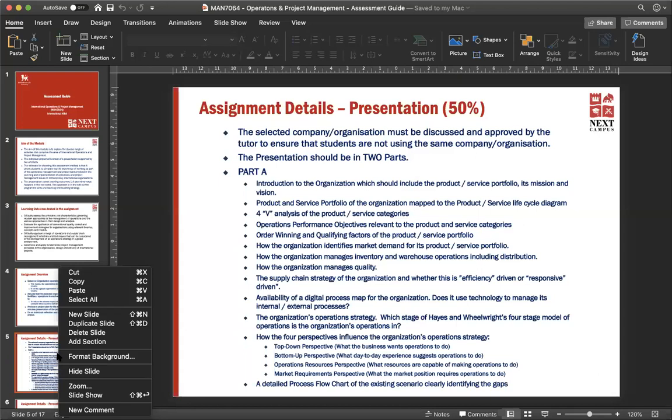Whether the organization is efficiency driven or responsiveness driven. Efficiency means you look inward to maximize capacity, maximize utilization of capacity, and operate in the future by predicting demand, by anticipating demand.